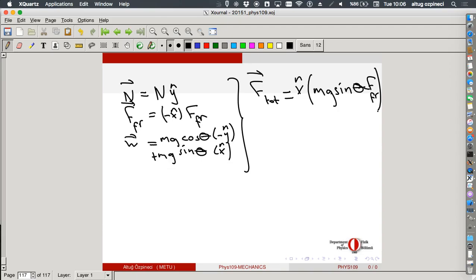This is the component of the force in the x direction. And then the y direction, I have the normal force, and then I have this mg cosine theta in the minus y direction. That is the y component of the weight.